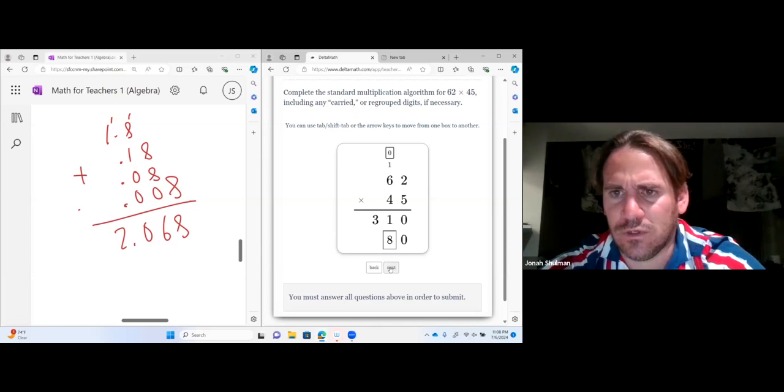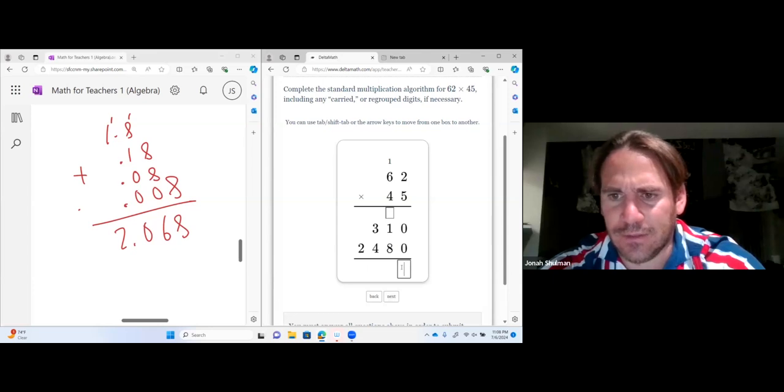There's nothing left over. And 4 times 6 is 24. And we add them. 0, 0, 9, 0, 7, 0, and 2.